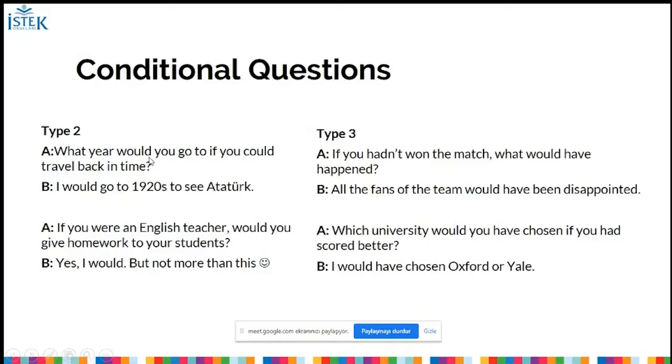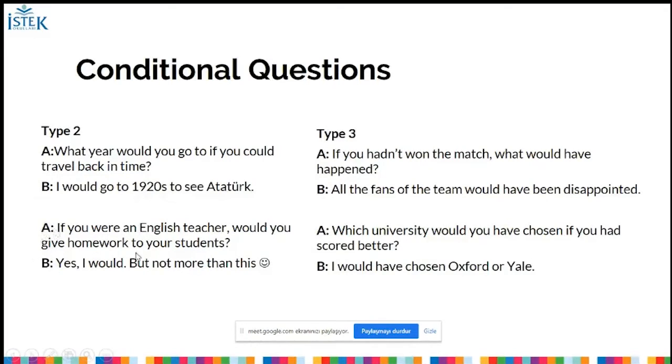So we use would plus verb infinitive in the main clause, and if you could travel back in the if part. What year would you go to if you could travel back in time? I would go to the 1920s to see Atatürk. We can add alive here.